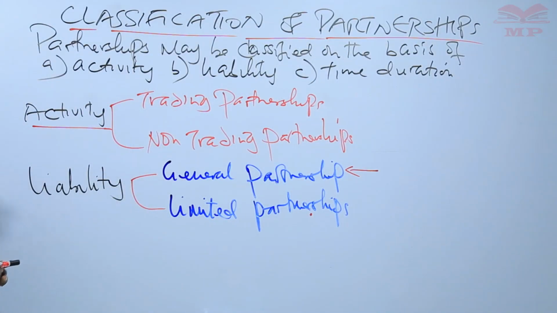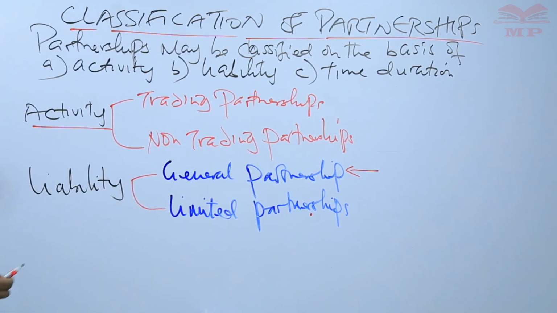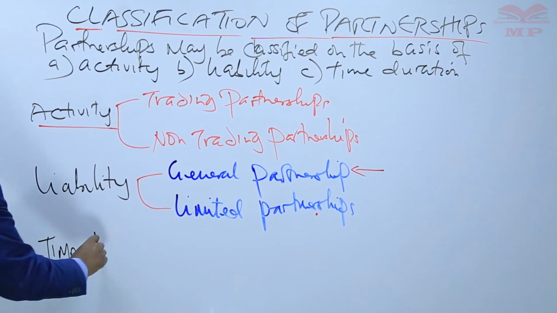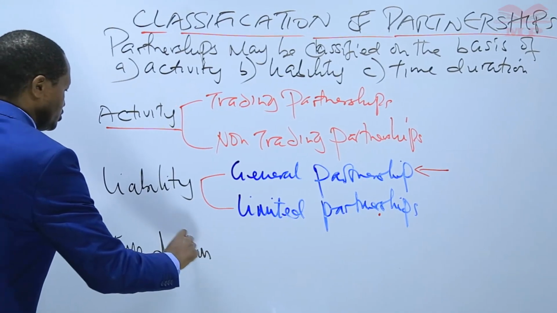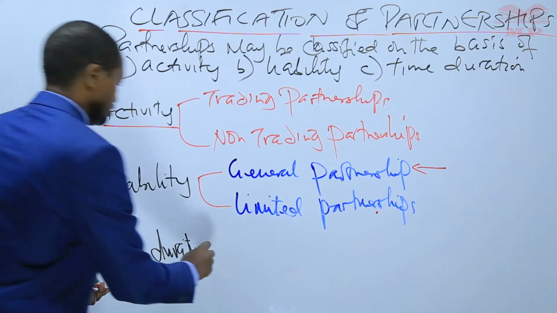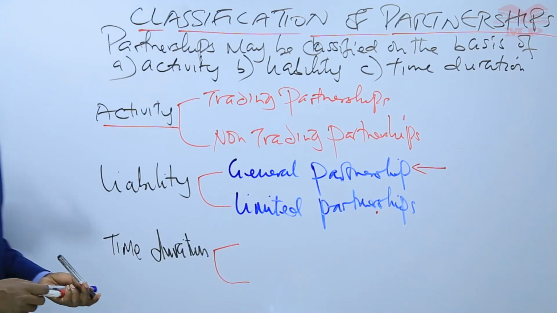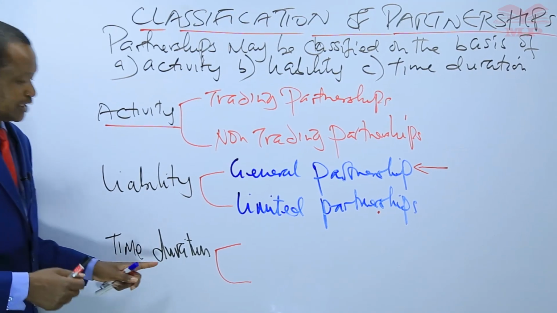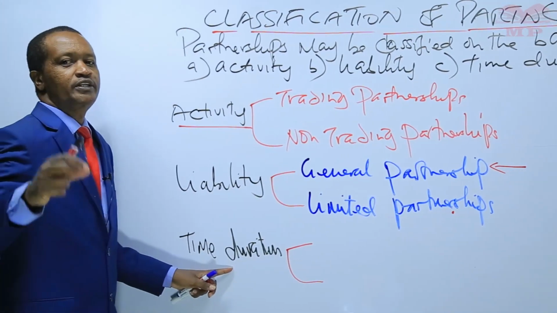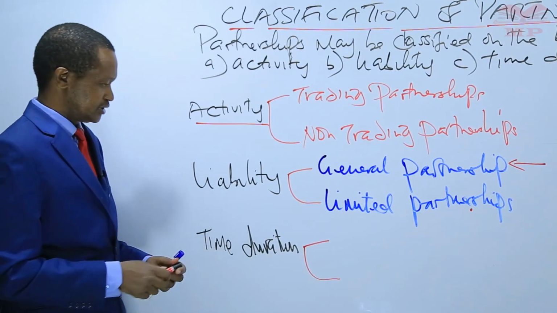Then moving on to time duration, classification based on time duration. How do we classify partnerships under time duration? Now, under time duration, learners, this mode of classification puts partnerships into two categories.